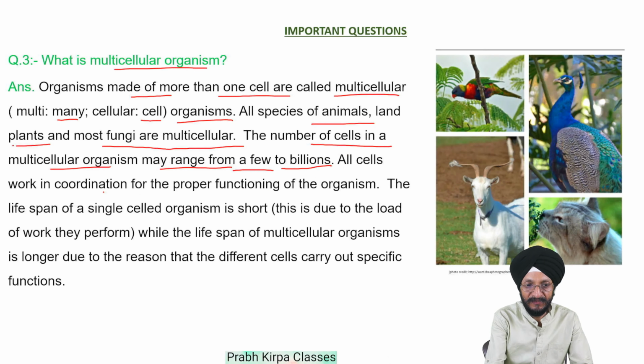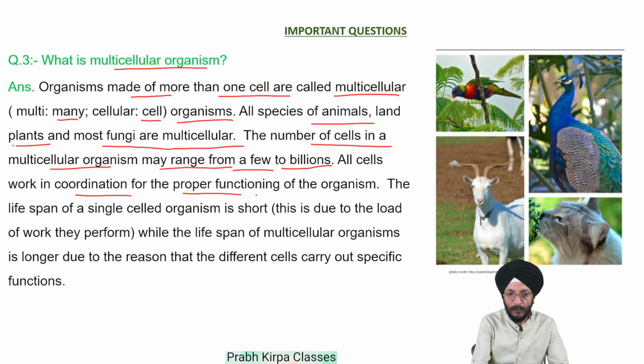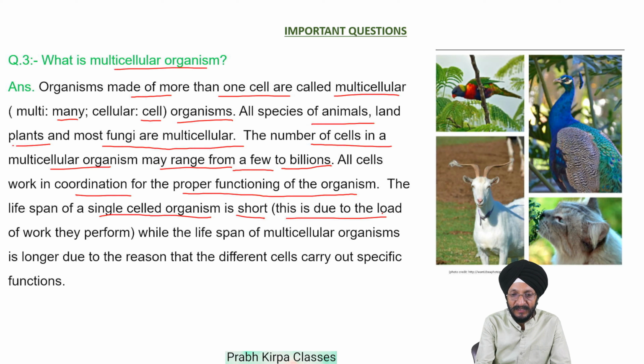All cells work in coordination for the proper functioning of the organism. An important question may arise, what is the lifespan of a unicellular organism or multicellular organism? The lifespan of a single-celled organism is short because there is a lot of work to be performed by a single cell.